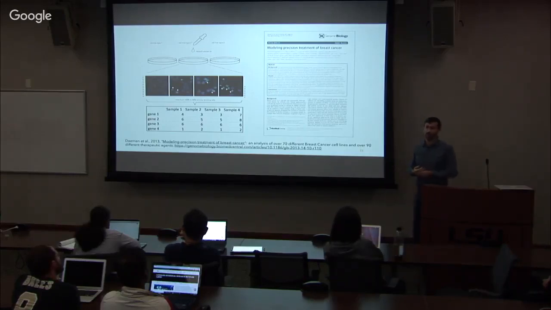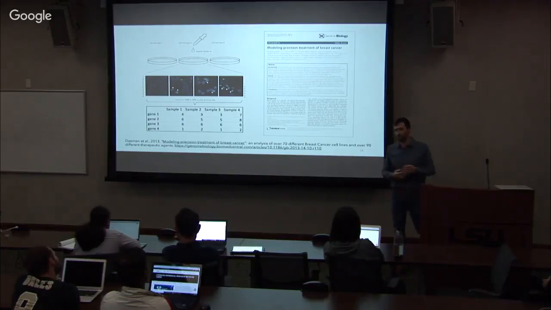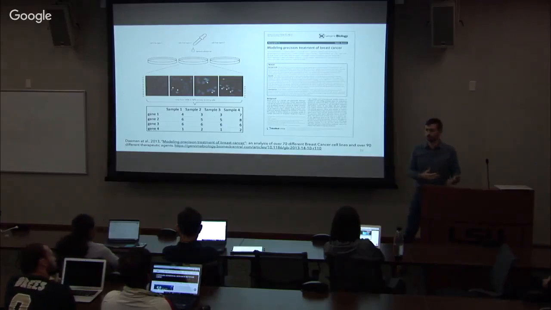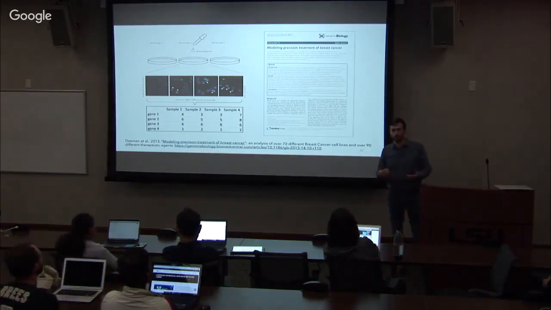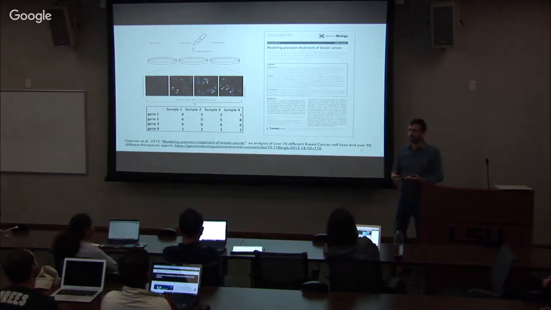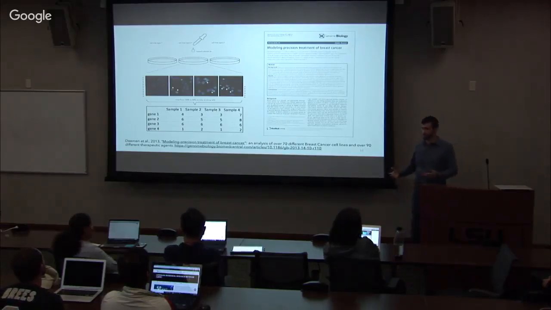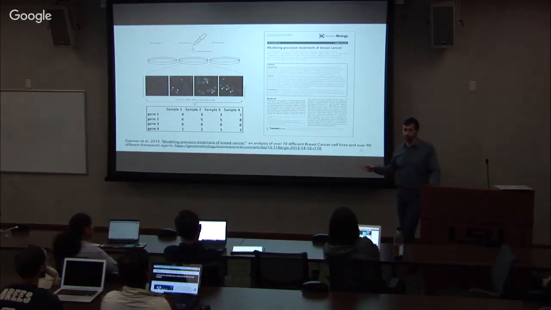What they did is they had a collection of different cell lines derived from patients that were grown, and then two things were done. First of all, they were profiled based on their RNA-seq, Exome-seq, ChIP-seq, so all the different types of omics. And at the same time, the same cell lines were treated with different types of treatments, both available clinically and experimental, and inhibition of growth was measured.